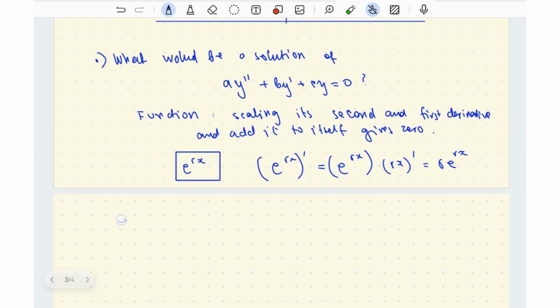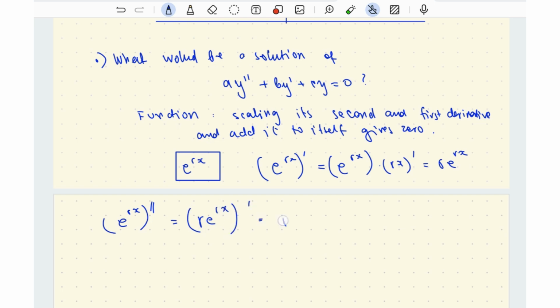Then if you take the second derivative, that is the derivative of the first derivative, and you will end up with something similar.